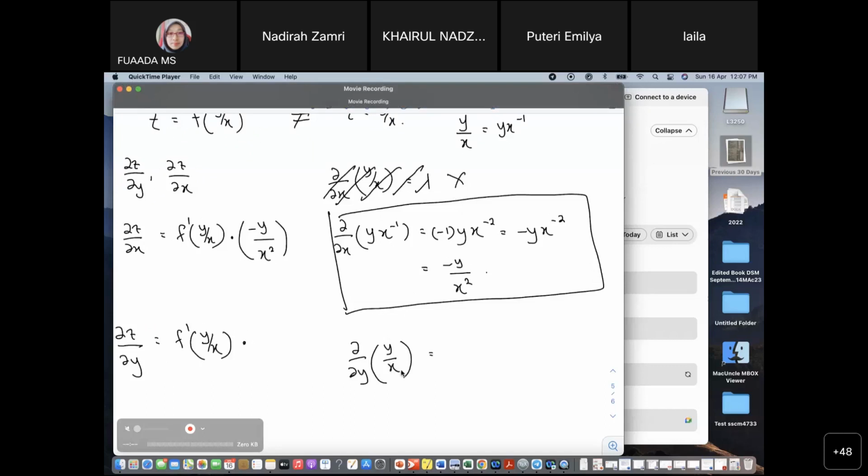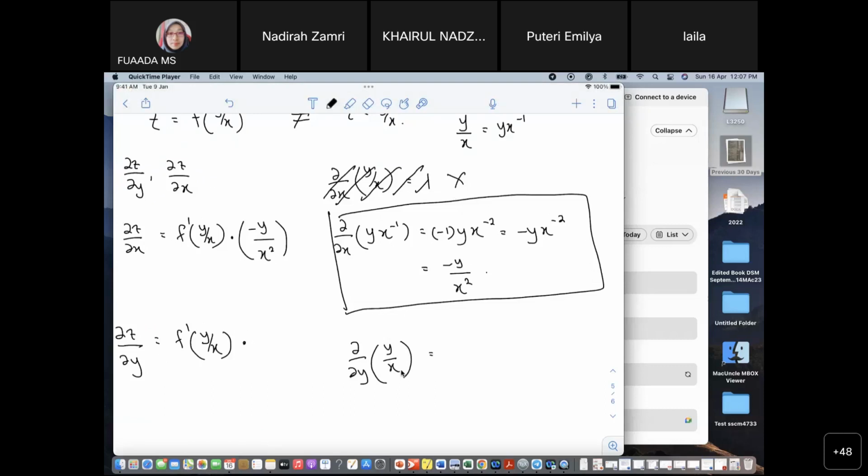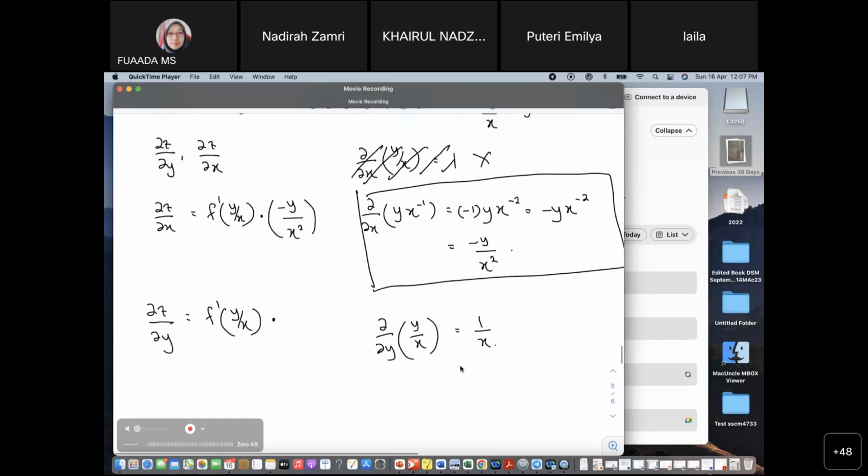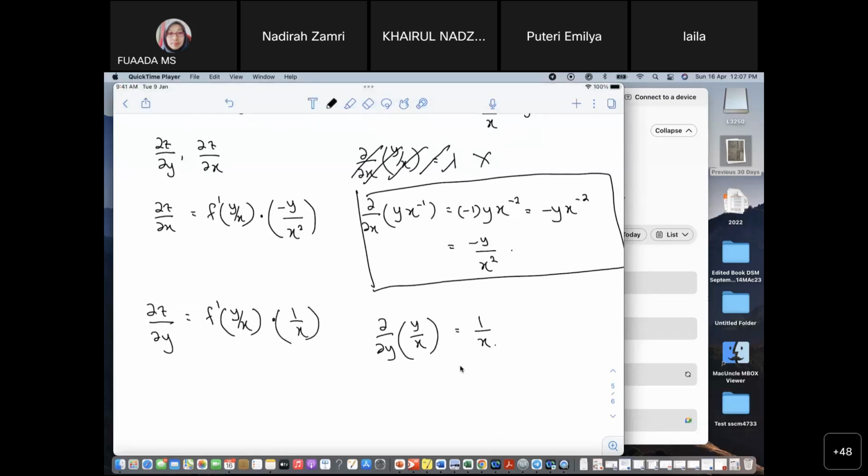So what is the answer? 1 over x. Yes, that is correct. It is not affected because x is constant. If you differentiate with respect to y, y gives 1, so 1 times x to the power minus 1, or 1 over x.